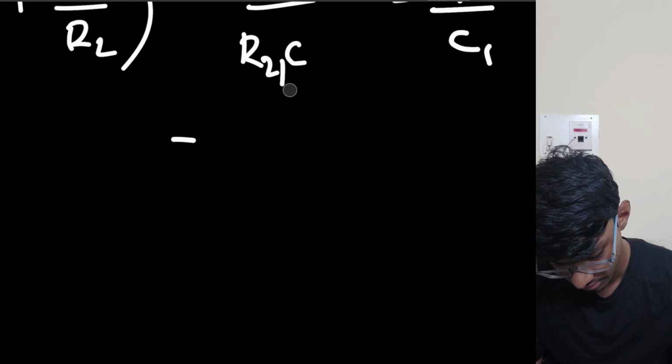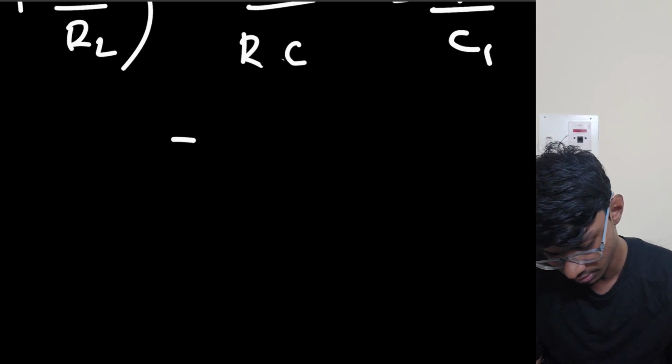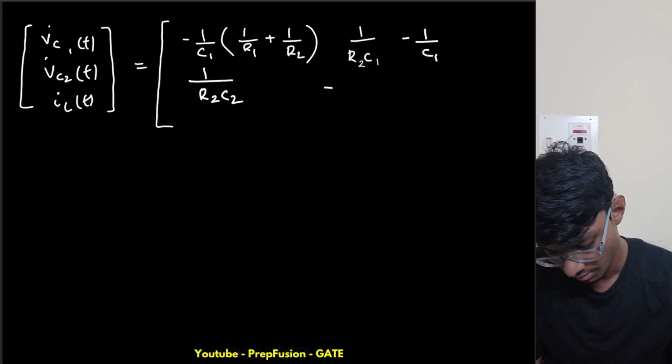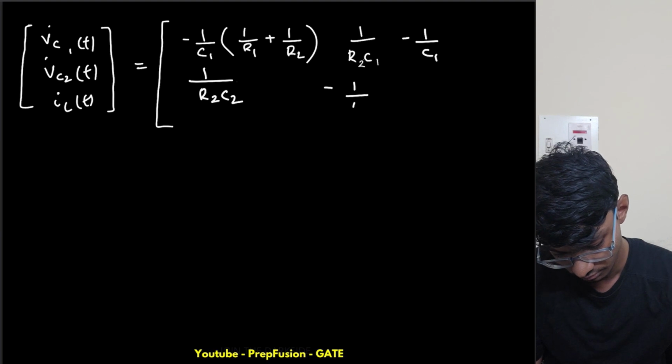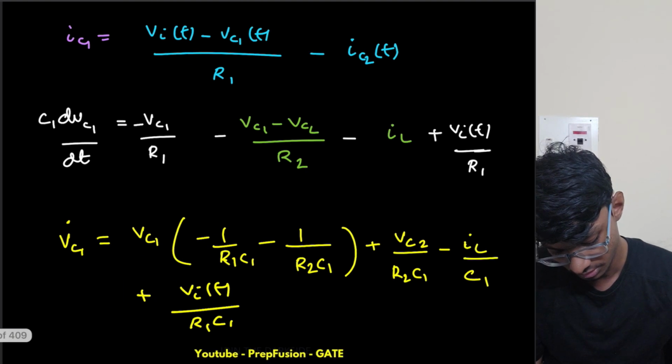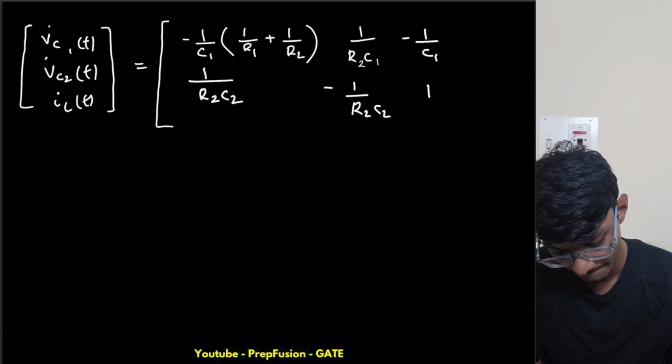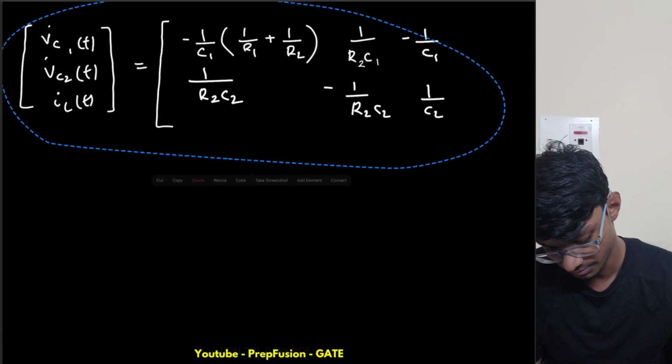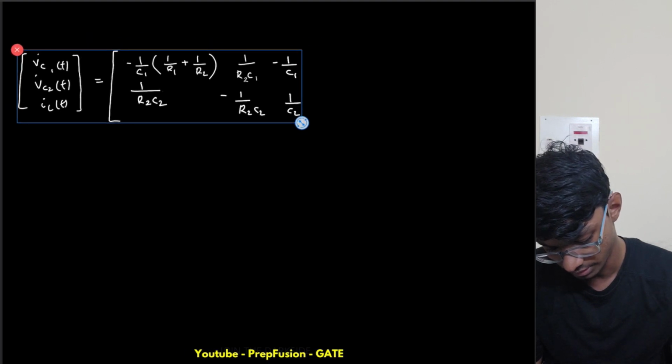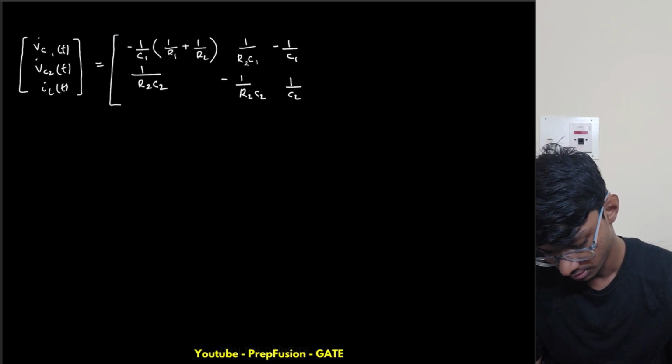This one was minus R2 C2, and this is 1 by C2 again. I think I have to reduce the size of this one so that I can fit this in a single line. Sorry for the inconvenience. So this is like this one only.